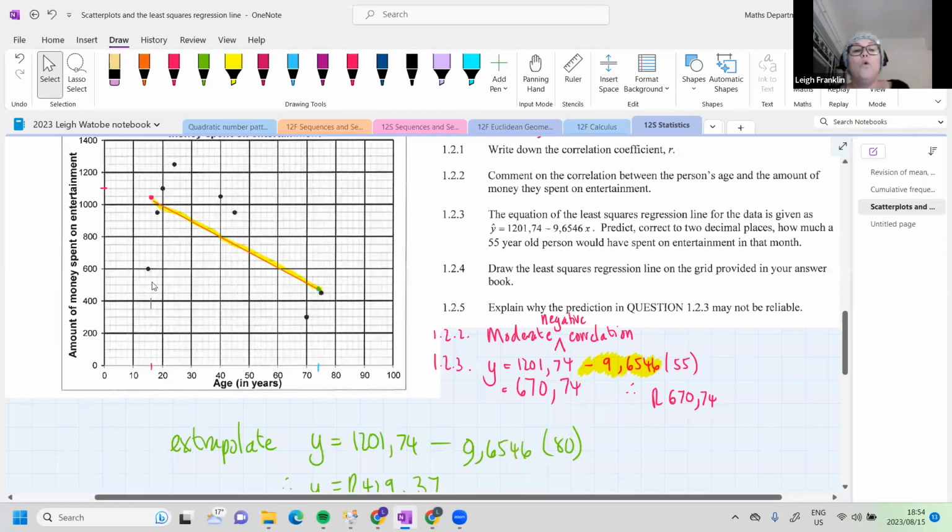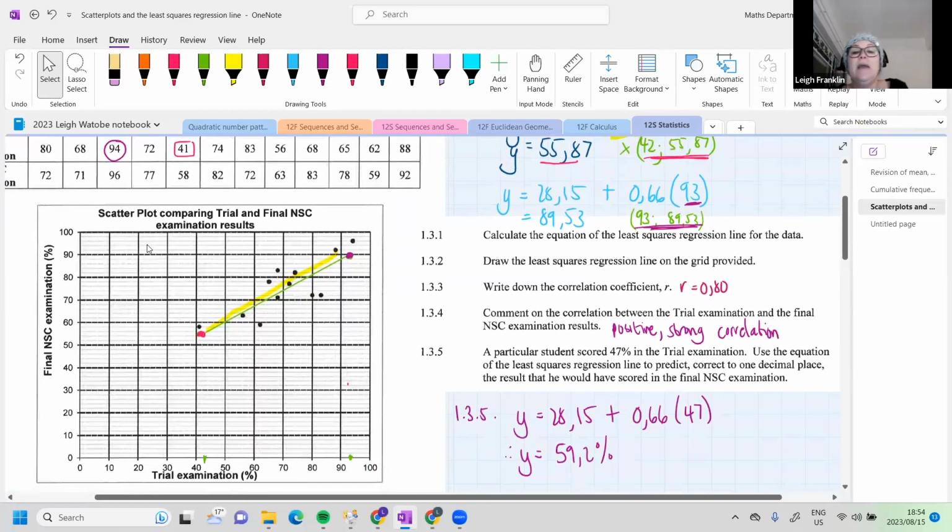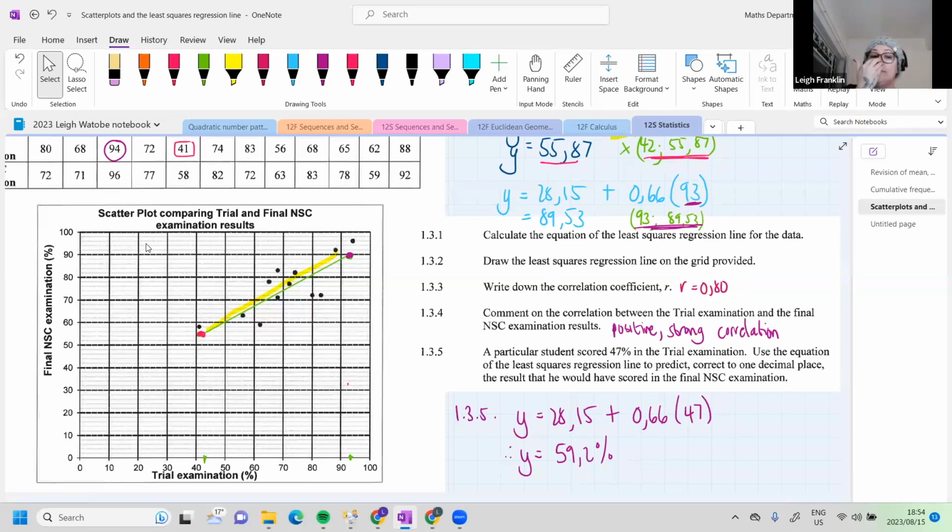Okay, so what we are finding, if we compare this information, is what we would expect, and what we're seeing here is quite close to reality. The better you do in your trials exams, the better we think you would do in your final NSC exams as well.